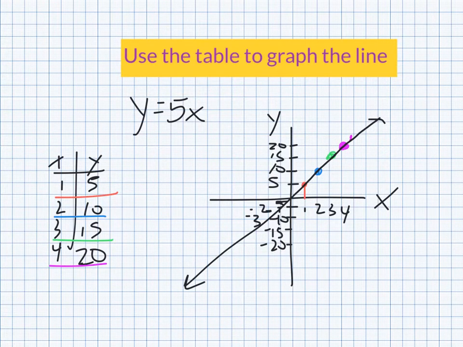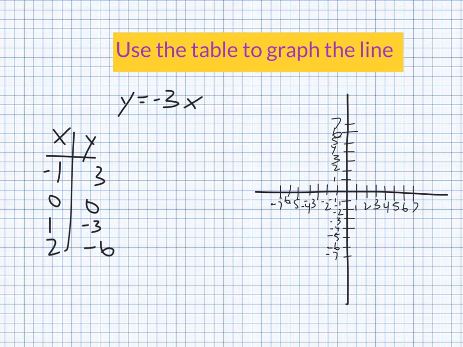Next problem. I've got it all set up this time. Can you guys graph y equals negative 3x? Hit pause, and then hit play when you're ready. Alright, here's my table. All I've got to do is plot the points I created for my table. Left 1, up 3. Origin, 0, 0.